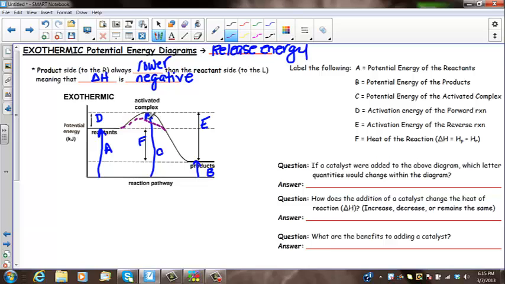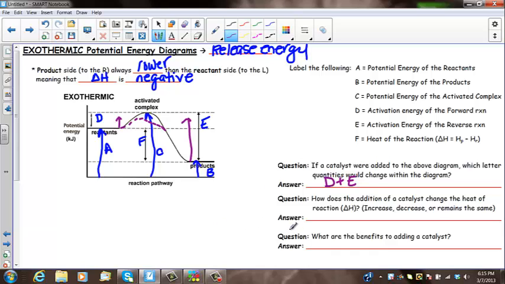All it does is lower the activated complex. So which letter quantities are going to change? Well, forward activation energy is only going to be from the reactant line to here, and my reverse activation energy is going to be from here to about there. So it's changing quantities D and E.